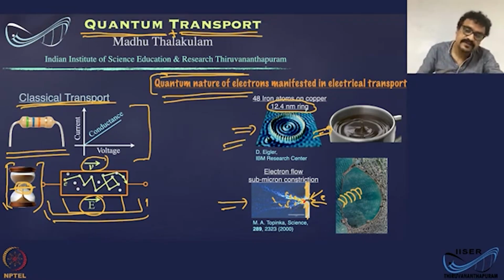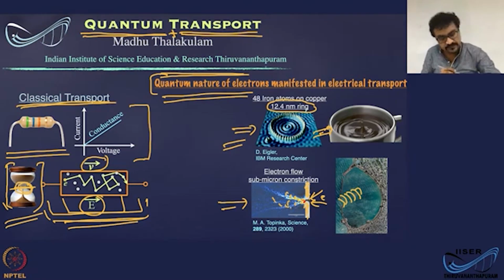So the picture that you are going to get here is very much different from the picture you have for the transport of electrons through a resistor, which is just a particle picture, similar to sand grains moving through an hourglass.